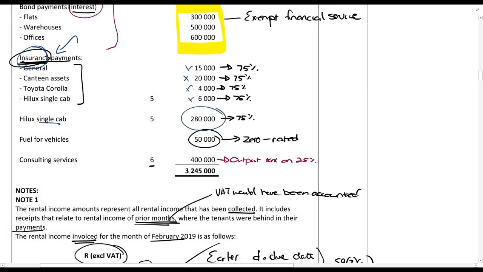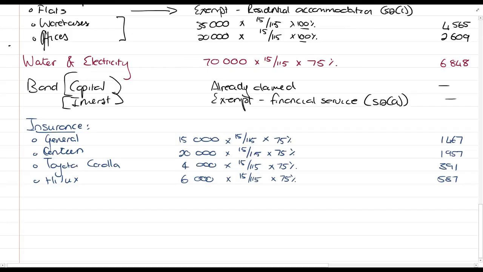Then we have the Hilux single cab. This is not a motor car, so we can claim it on the cost. 280,000 times 15 over 115 being used for the entire business, so 75%.